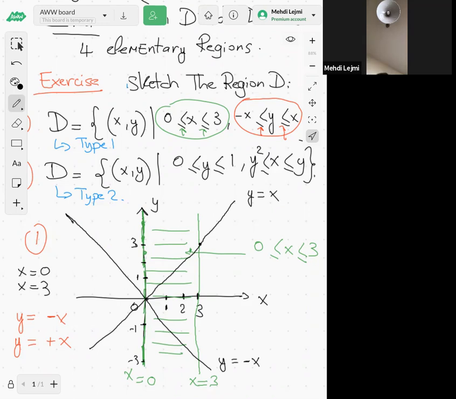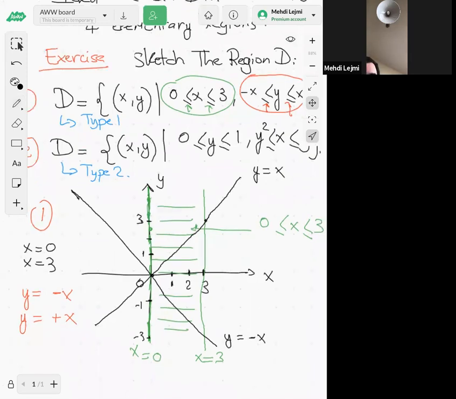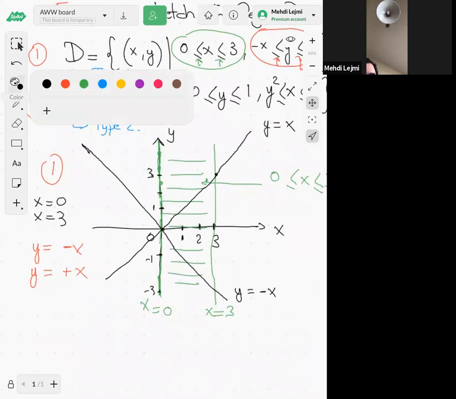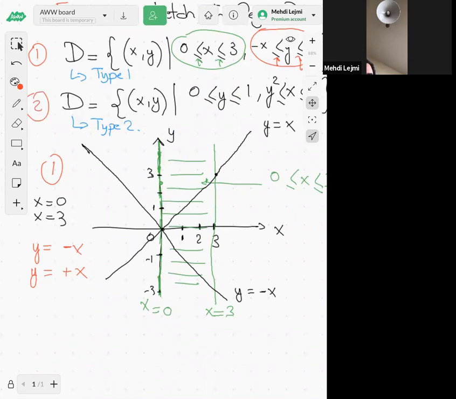Now the question is, which region corresponds to y between negative x and positive x? First, y is larger than negative x.